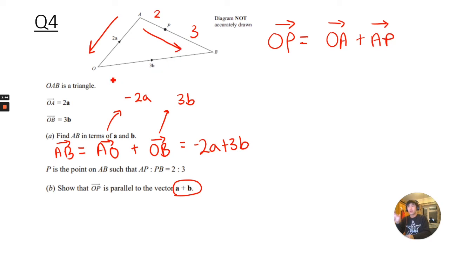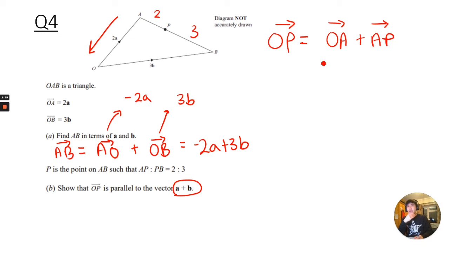If I go on the other side and go O to B, and then B to P, I know I need to work with negatives at some point, which I don't really want to. So I'm going to go from O to A, and then A to P, which is in the same direction as our part A.